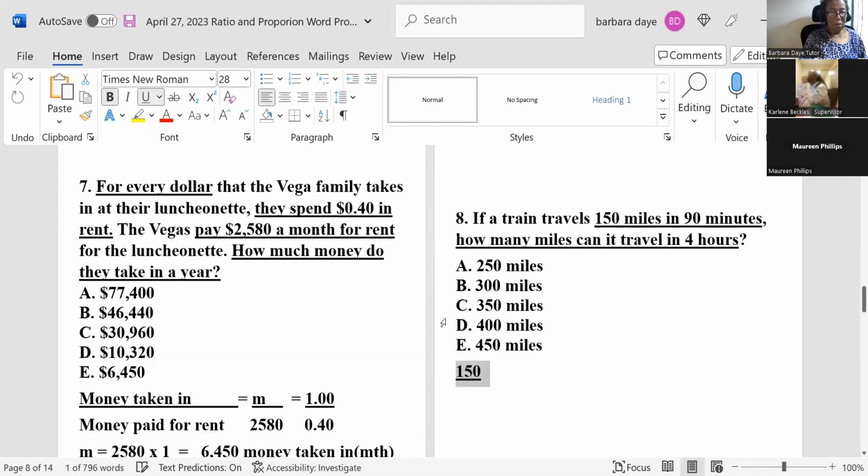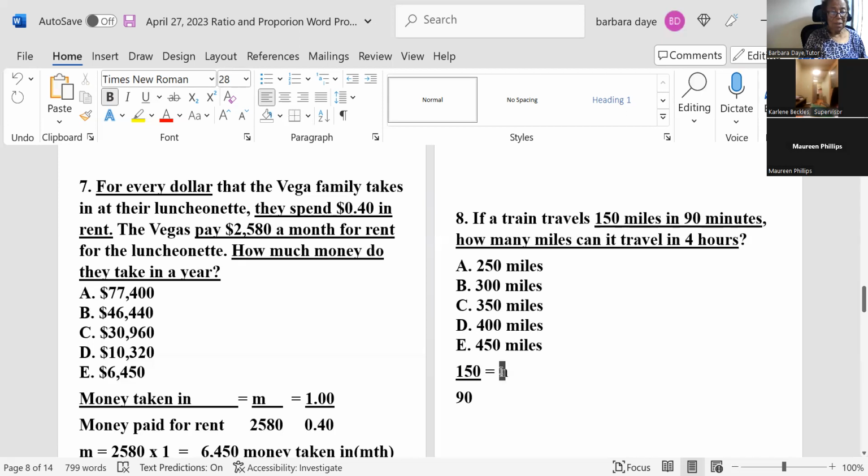Okay. 150 over 90. And what would that be equal to? We're looking for miles, so N over.